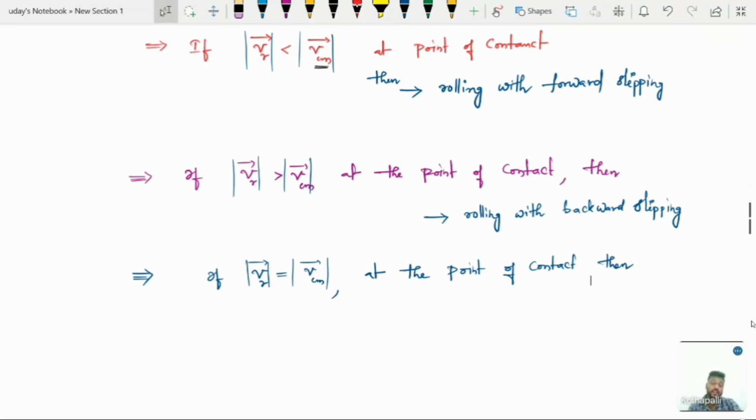Understand the point clearly: the point of contact at every instant, with respect to the ground, will be at rest.